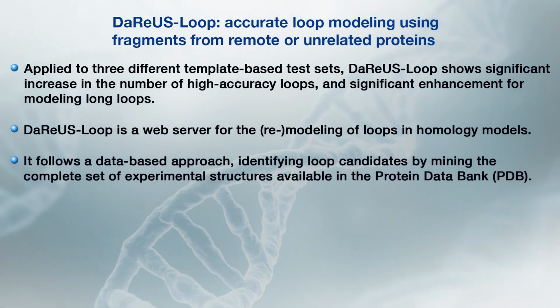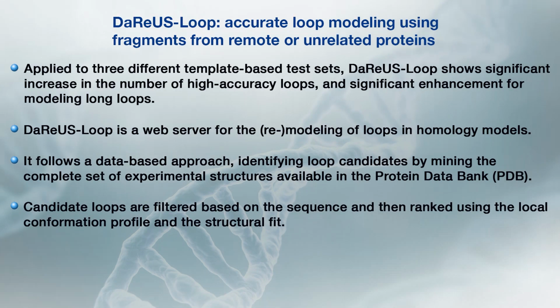So, the concept it takes up is homology-based modeling. It follows a data-based search approach, identifying loop candidates by mining the complete set of experimental structures available in the Protein Data Bank, in short known as PDB.